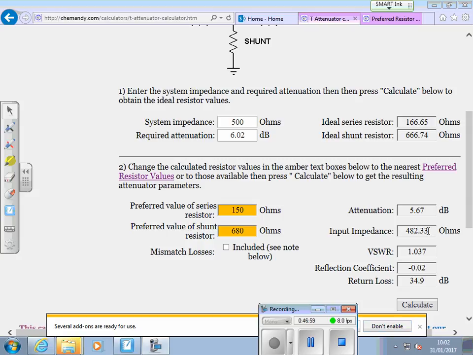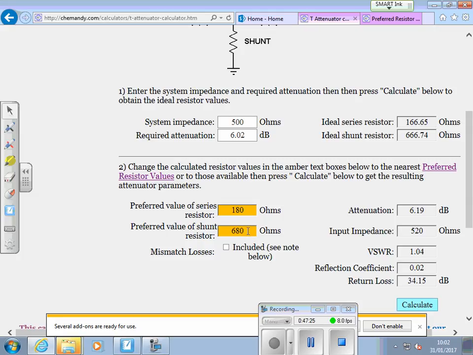So we're out of matching by 18 ohms. The other option for the series is 180. So we could try that and see what difference that makes. Our attenuation now is slightly above. Input impedance is 20 ohms over.